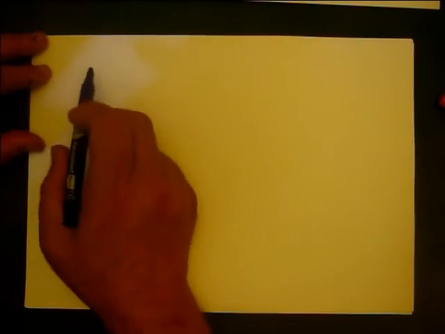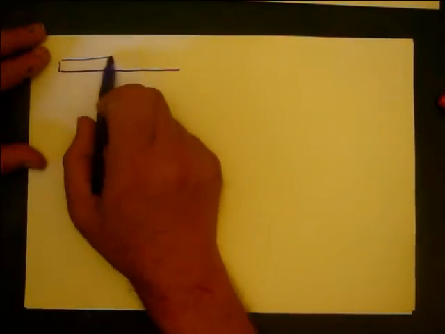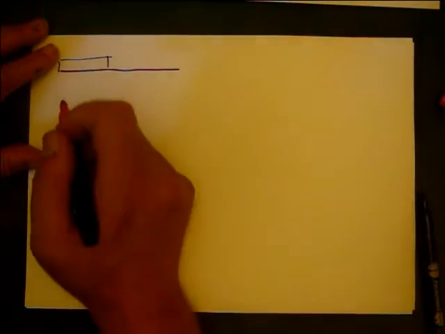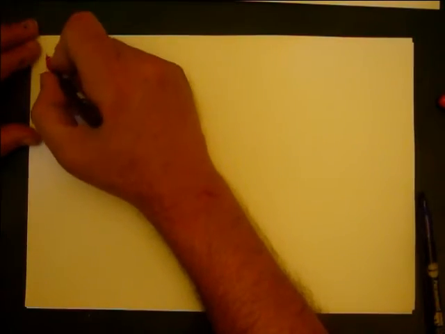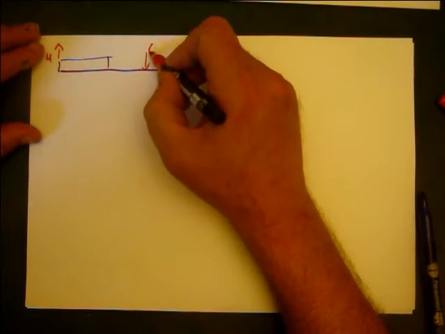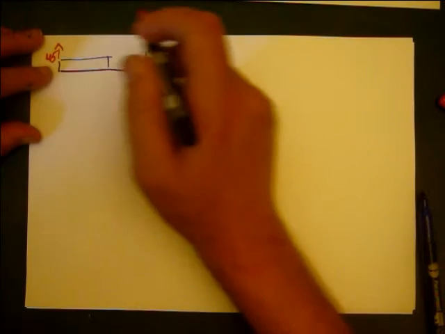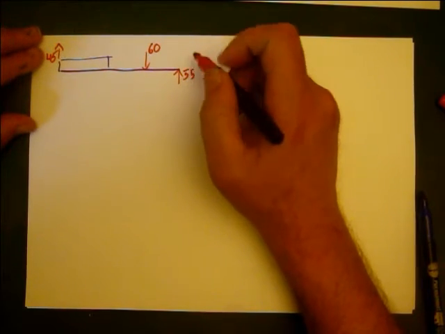Let's do the bending moment diagram. Let's do the shear force free body diagram first of all. The free body diagram has, we'll put our UDL on here because that's important. So here we've got 45 up, here we've got 60 down, and here we've got 55 up.